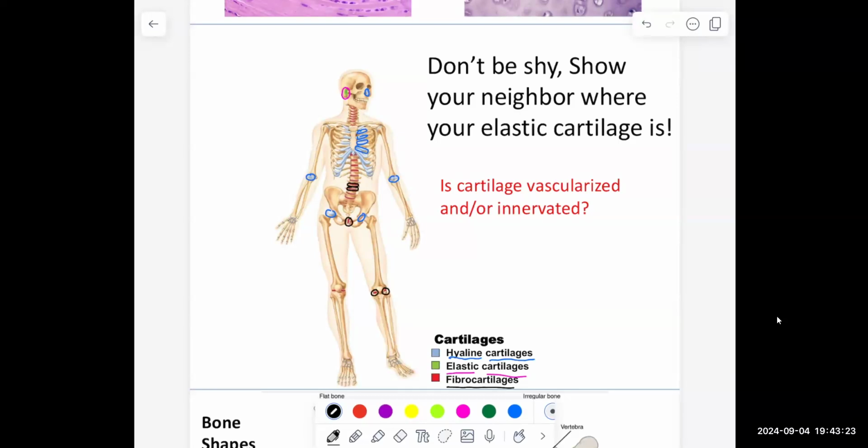These are structures that are designed to compress and hold mass, like the knees, the vertebra, the pubic symphysis, when you walk. And pretty much the rest of it is all bone.